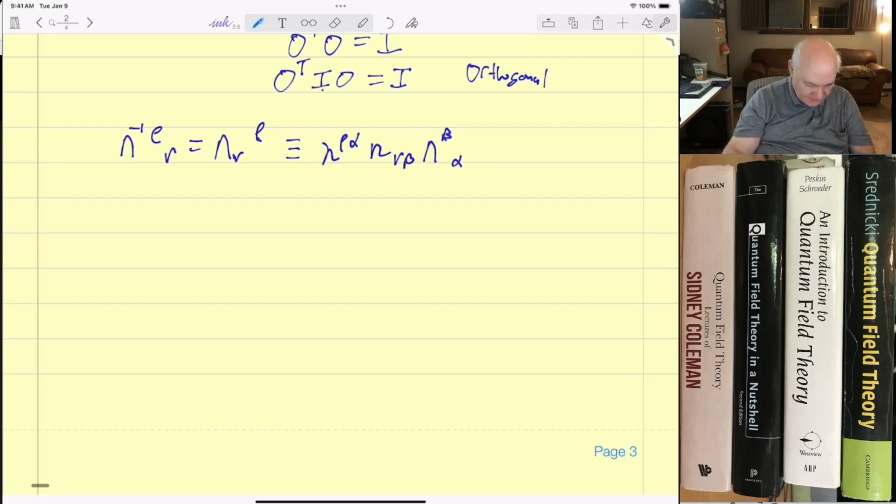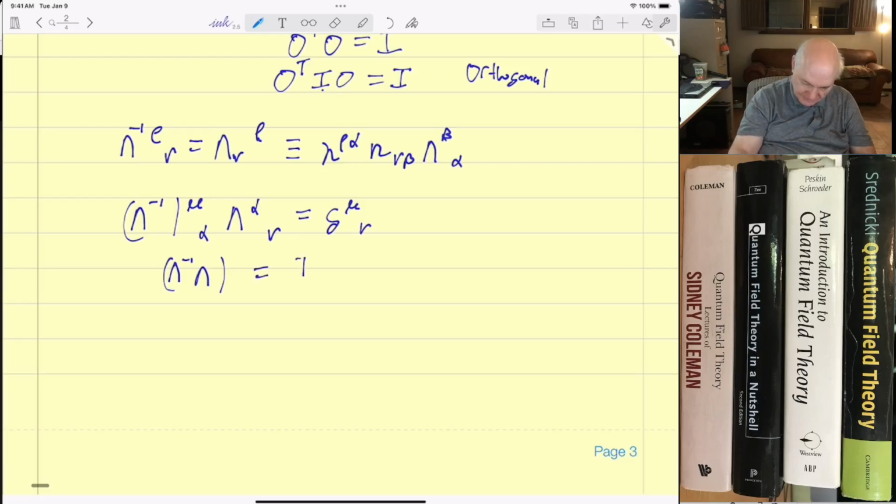Okay. Now what we want to prove, in order to show that this is actually an inverse matrix, here's what we want to show. Lambda inverse mu alpha, lambda alpha nu. So this is matrix multiplication. Lambda inverse lambda is equal to del mu nu.